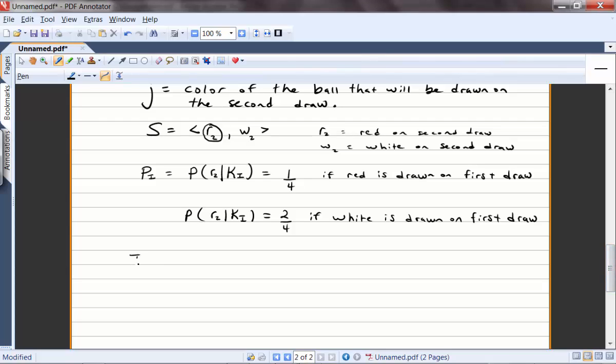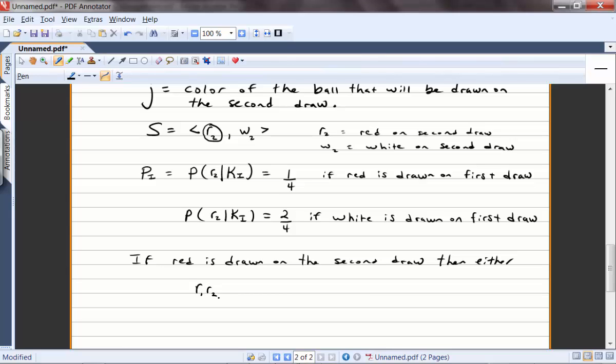Here's the idea. If red is drawn on the second draw, so if the second state is realized, then either R1, R2 was realized.